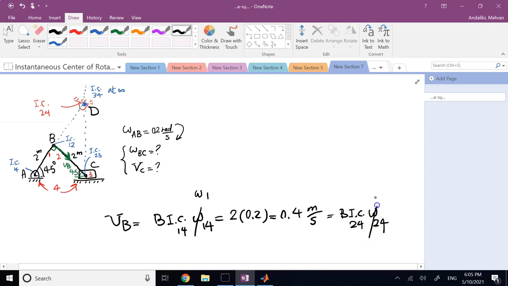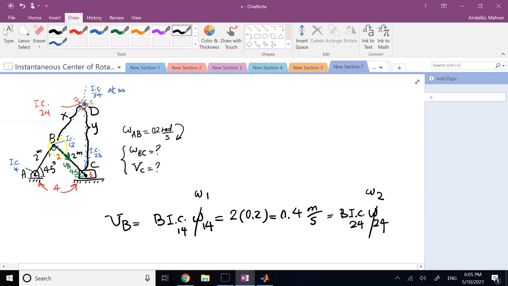And remember, omega 2,4 is the same as omega 2. The only thing is this distance now. I have to find this distance from here to here, and I can call that x. And again, I need this distance from here to here, and I call that y. And I need to find distances x and y.